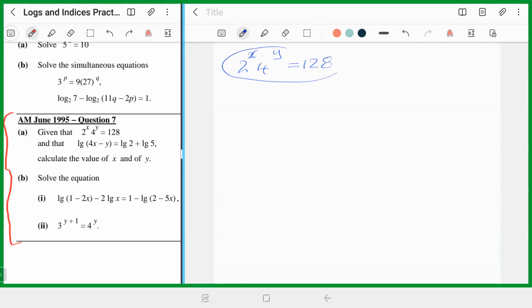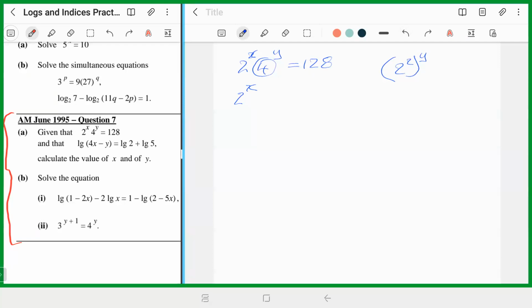I'm going to bring everything to base 2 so I can get all the indices out of it. This stays as 2 to the x, since it's already base 2. This 4 is 2 squared, so I have 2 squared raised to the power y. I multiply the powers, so I can replace it as 2 to the 2y.